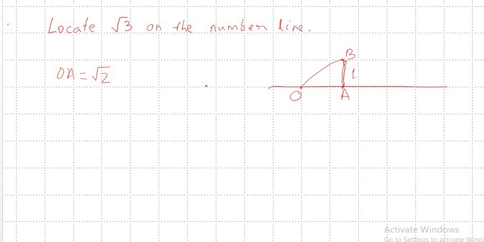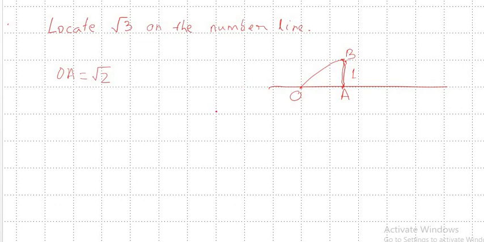Now for example, when you are going to find root 7, what is the irrational number before root 7? Root 6.